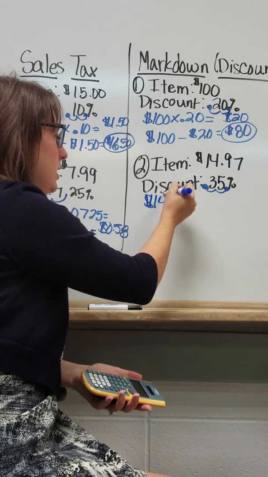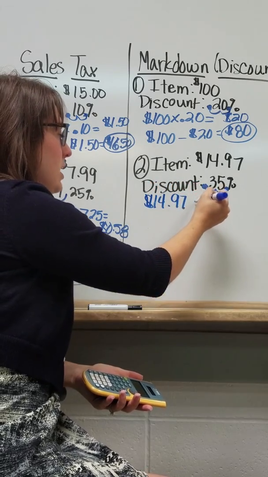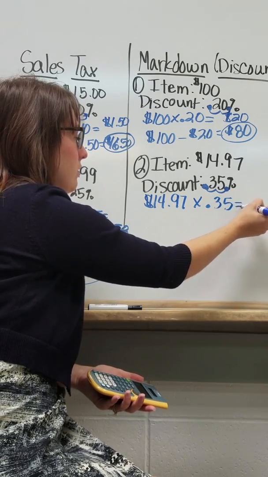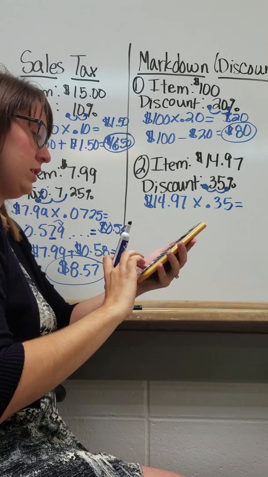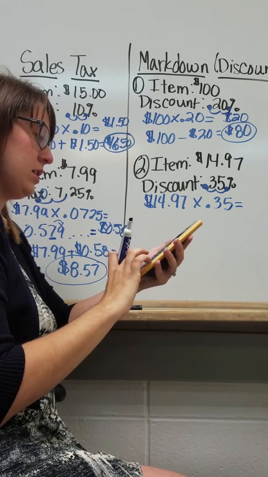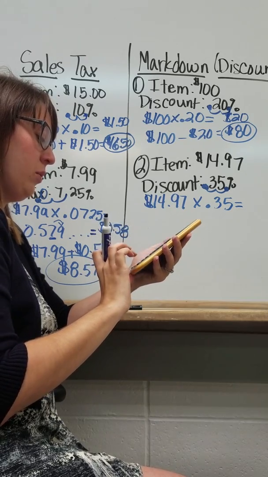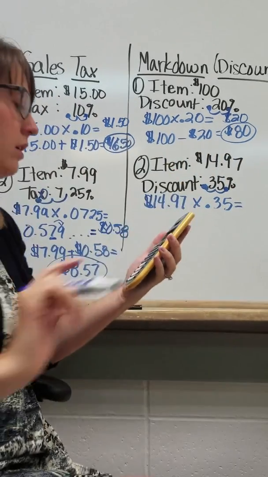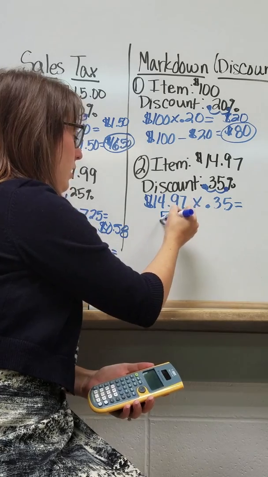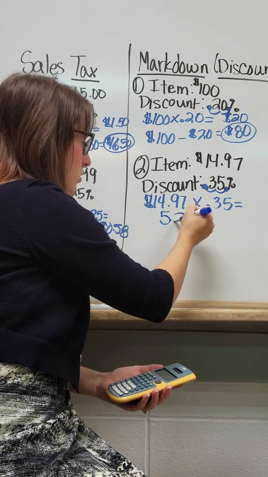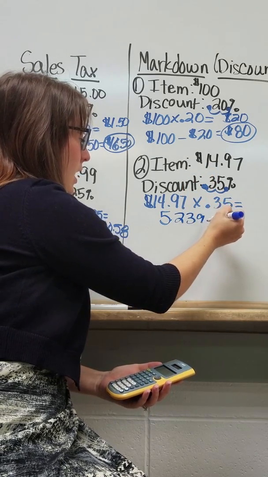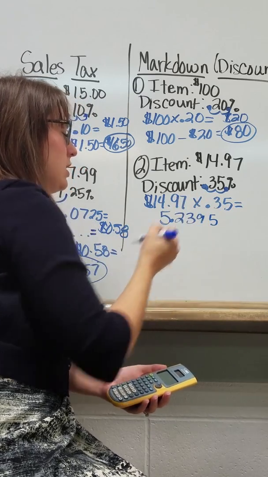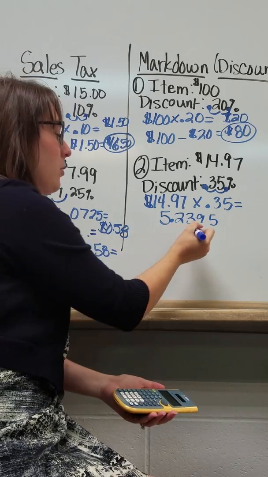So $14.97 times 0.35. $14.97 times 0.35 gives me another crazy number. 5.2395 is what my calculator says, but remember we have to round.